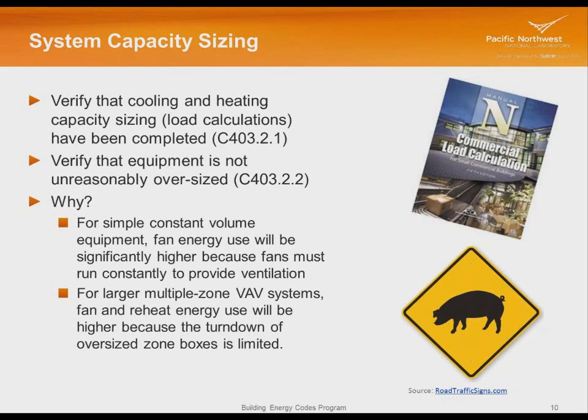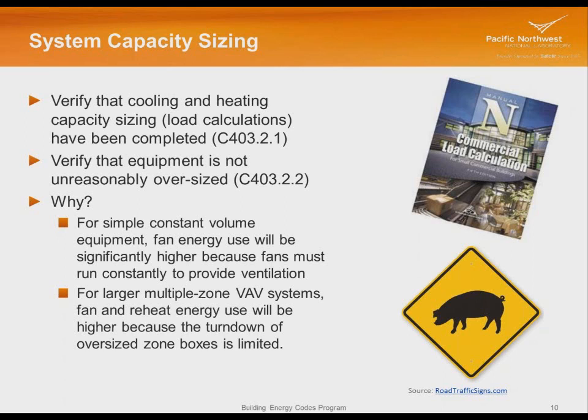There are cases in design-build buildings where someone might come out and just kind of stick their thumb in the air and say, oh yeah, a 5-ton air conditioner, that's fine here, and maybe a 3-ton would have been quite adequate. So why do we care that systems are not dramatically oversized? Well, for simple constant volume equipment, the fan energy use will be significantly higher.